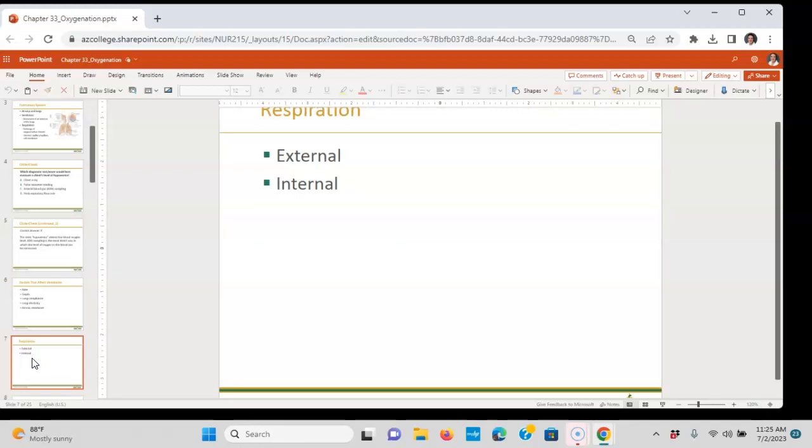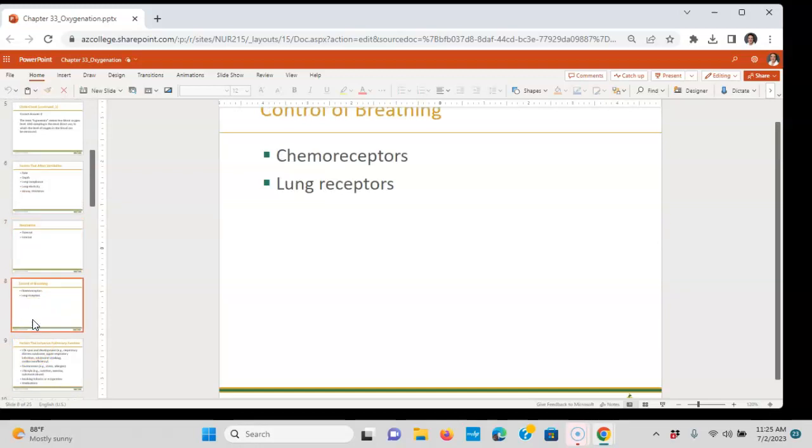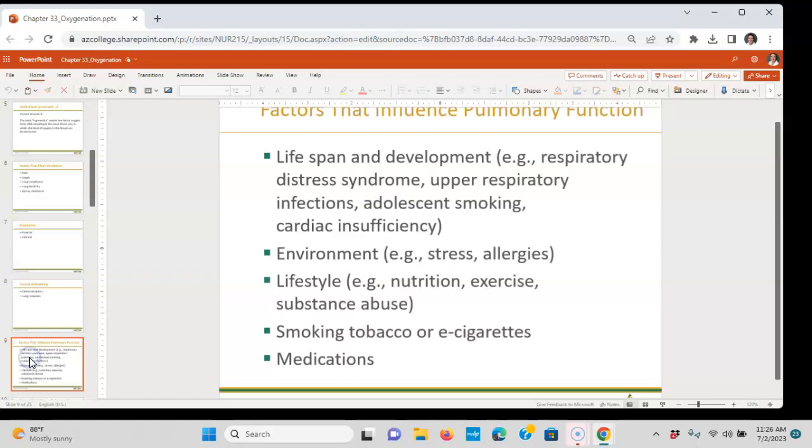Respiration can be internal and external. The way that we control our breathing is through lung receptors and chemoreceptors. Chemoreceptors tell us to breathe deeper, faster, and there are also lung receptors.